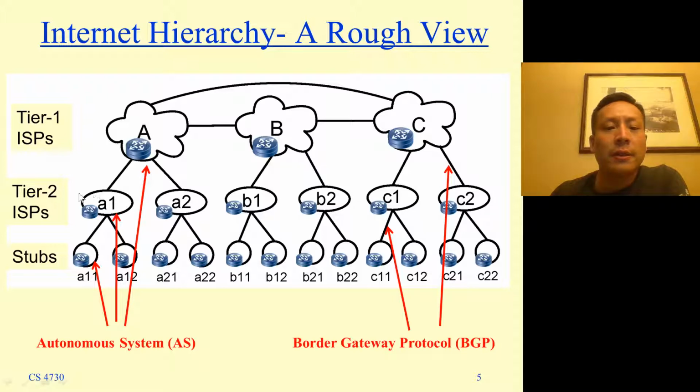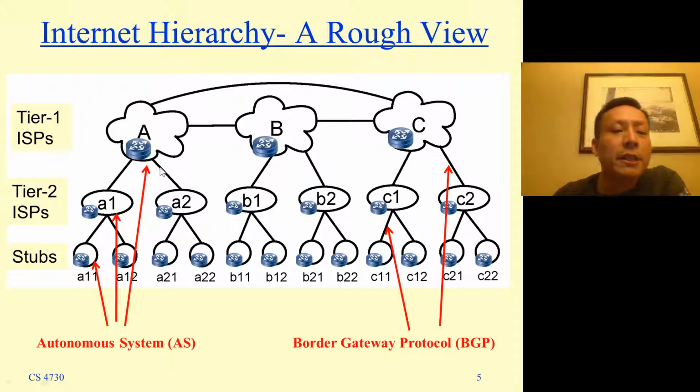For example, Charter is one of the regional ISPs, and the stub networks are at the edge, or the bottom, of this hierarchy. AMSO could be one of these stub networks. Potentially, you can connect to multiple autonomous systems or service providers above you for multi-homing.